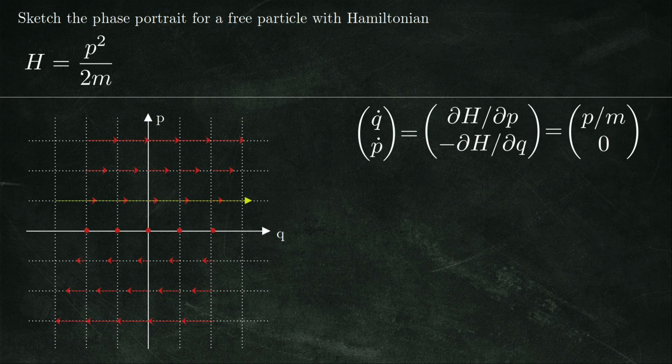And we can plot another trajectory. So this trajectory is saying if the particle started at positive 3 in q, and it had negative momentum, it's just going to travel to the left. And here, because the arrows in the vector field are bigger, it's going to be traveling faster to the left than the trajectory up on top.